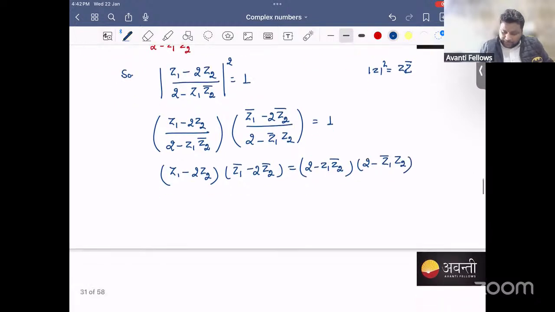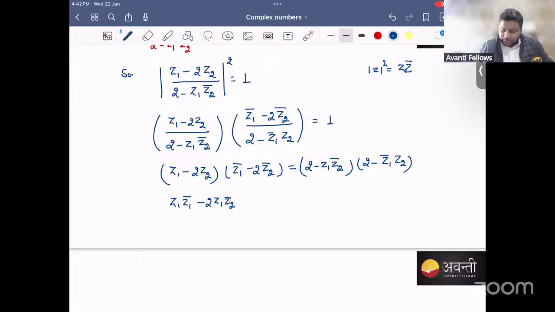Yes or no? So it is Z1 Z1 bar minus twice of Z1 Z2 bar minus twice of Z2 Z1 bar minus 4 times Z2 Z2 bar.